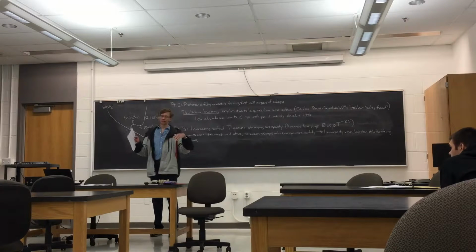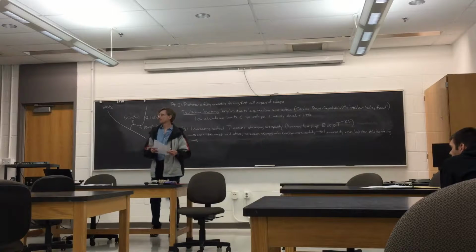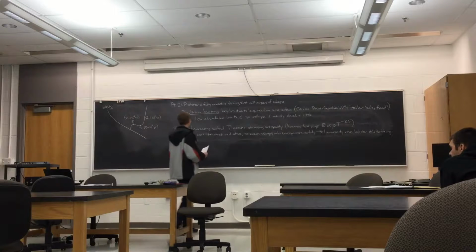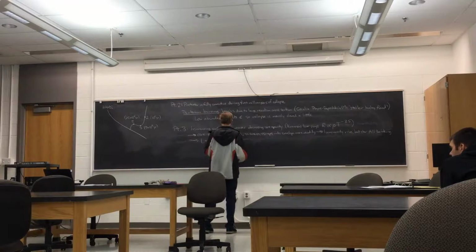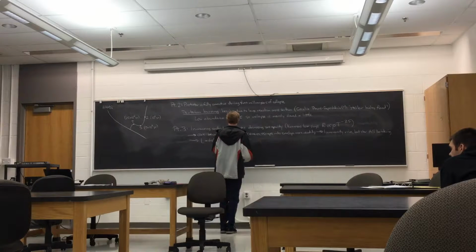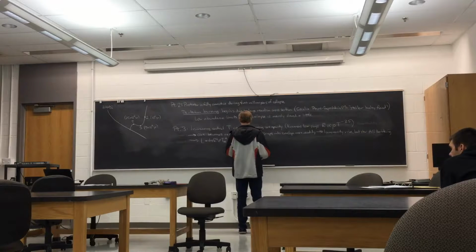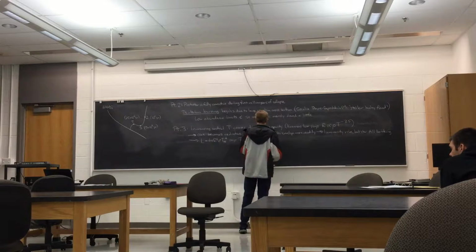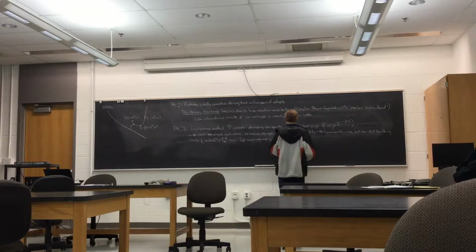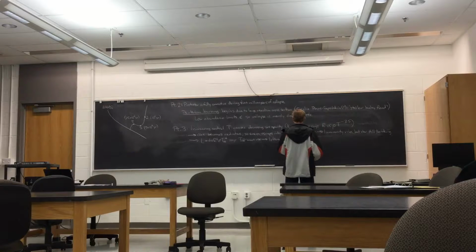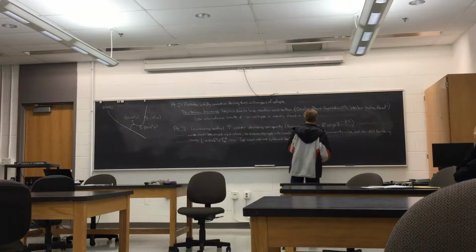So if R is going down and L is going up, T better go up to compensate for the decrease in R. So in other words, we're going to get a leftward and upward turn.